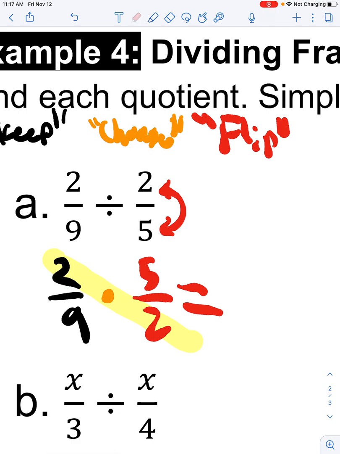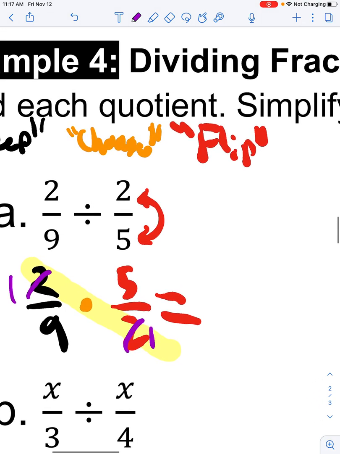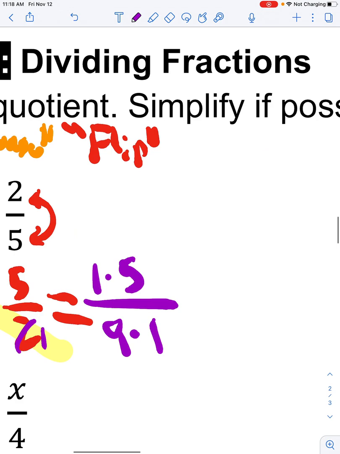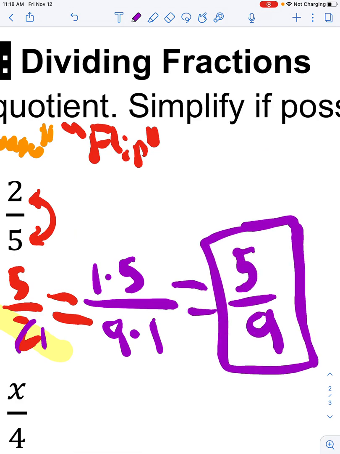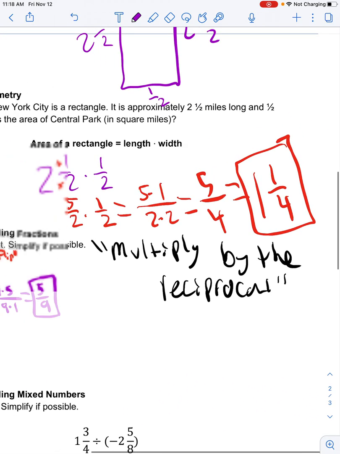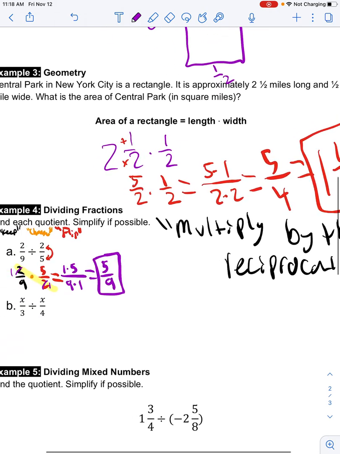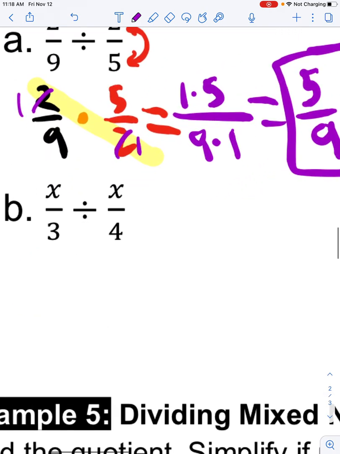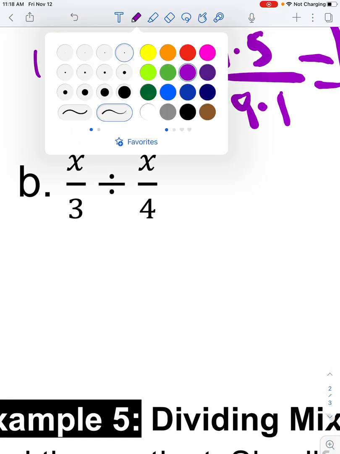Now when I look diagonally, I see, hey, I've got a 2 and a 2 here, so I know I can simplify. 2 divided by 2 is just going to cancel out. It's going to be left with a 1. So we have 1 times 5 over 9 times 1, which equals 5/9. Keep, change, flip, but the mathematical term is multiply by the reciprocal.